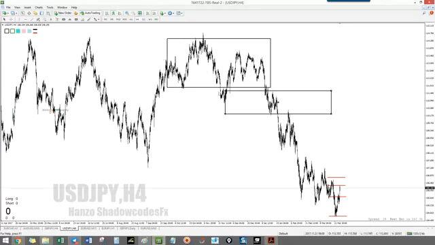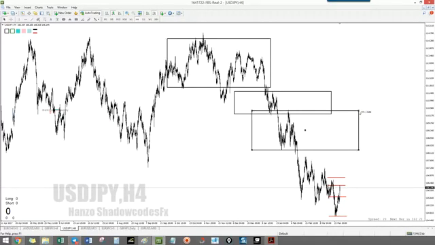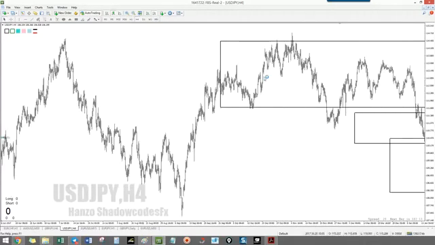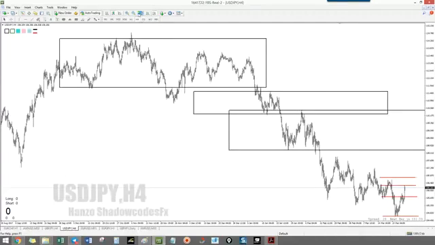This is distribution, redistribution, and then you got another one here. Actually a false structure here, but it's okay. Still want to continue moving down. So if you want to trade breakout, just make sure you are on the top here.